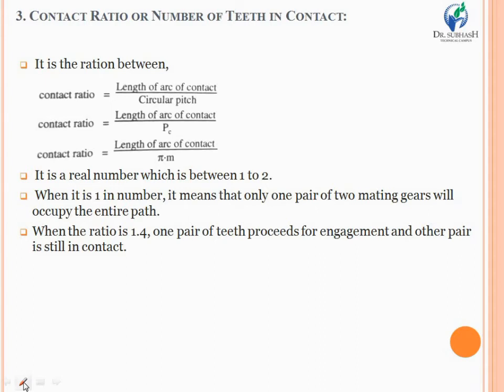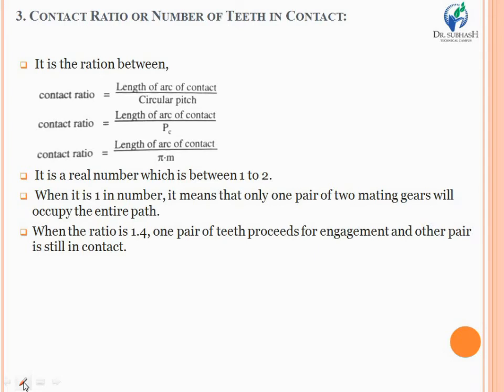But in place of considering the contact ratio as 1, if the contact ratio is 1.4, then it clearly means that when one pair of teeth of two meshing gears is just entering into engagement, the preceding pair, that means the previously contacting pair of teeth, is still in contact or engagement.